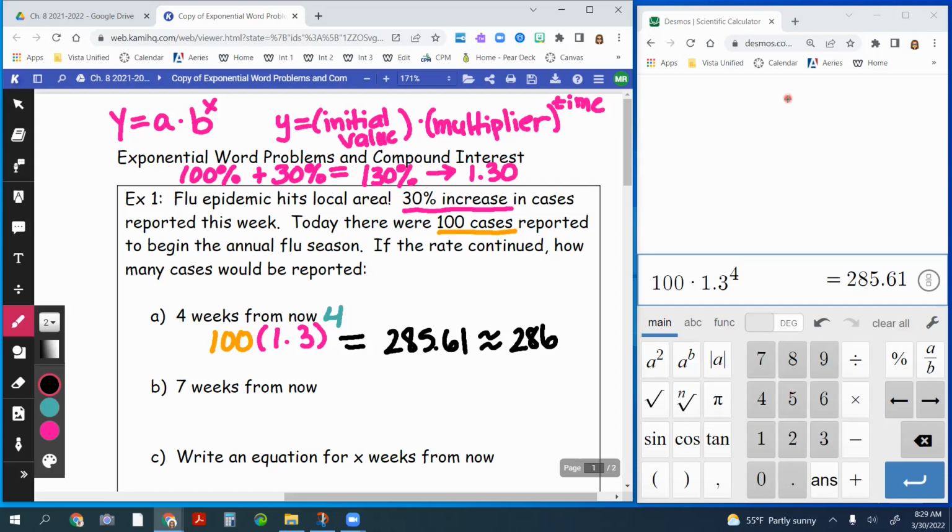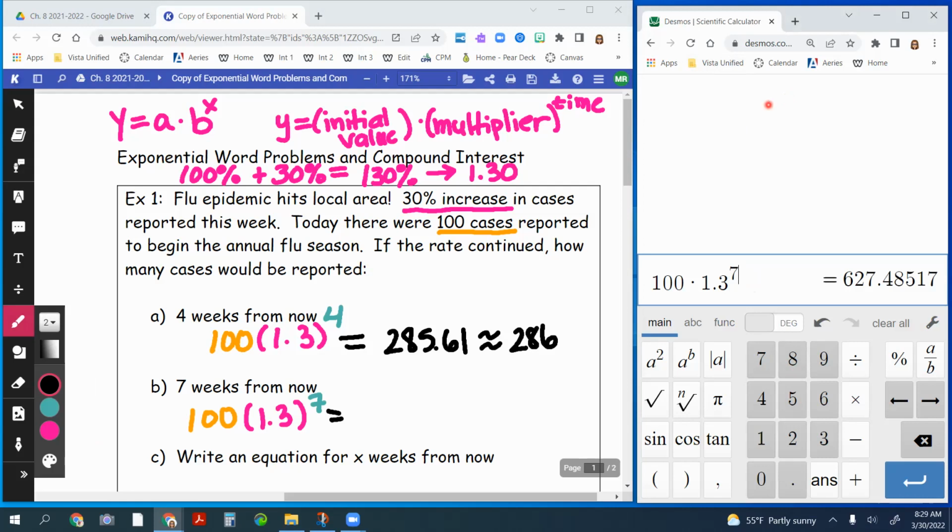On the next one, we're going to, again, start with our initial value, 100, times our multiplier, 1.3. This time, raised to the power 7. And when I do that, let me just change that to a 7.